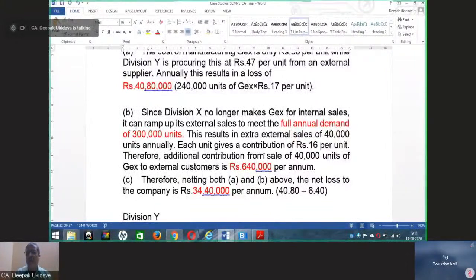So 40,000 units extra supplied at 16 rupees per unit gives 6,40,000 of extra profit. That 6,40,000 is adjusted against 40,80,000, and netting both A and B above, the net loss to the company is 34,40,000.